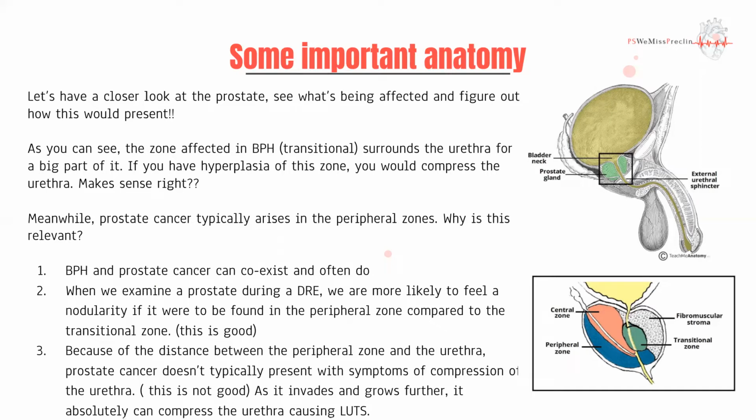On the other hand, the peripheral zone is quite far away from the urethra, which is why in most cases you don't have any lower urinary tract symptoms or symptoms of bladder outlet obstruction. This is not good, because you will often be asymptomatic until it has locally invaded, grown further, and compressed on the urethra. And by the time this is the case, it has often spread elsewhere as well.